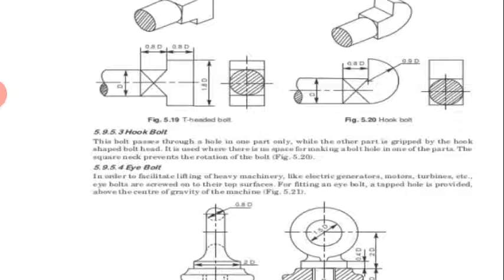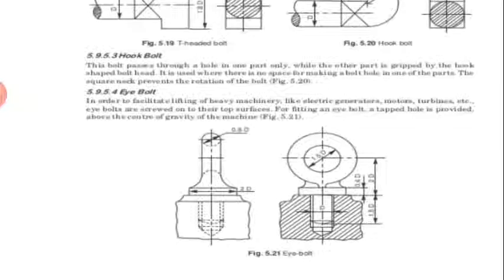Next, come to the eye bolt. Students, in order to facilitate lifting of heavy machinery like electric generators, motors, turbines, etc., eye bolts are screwed onto their top surfaces.